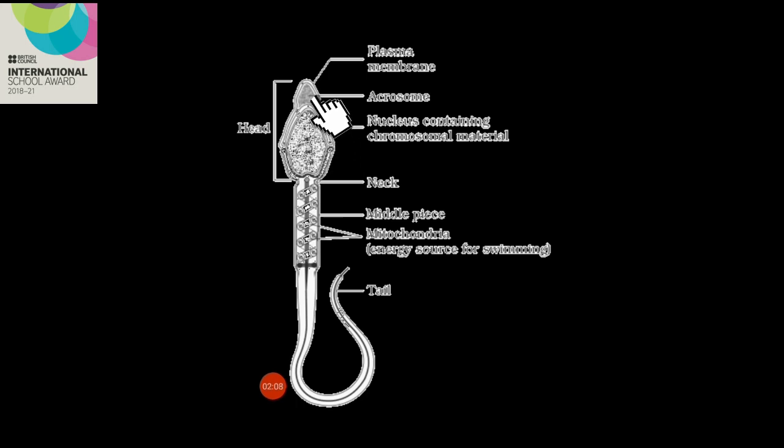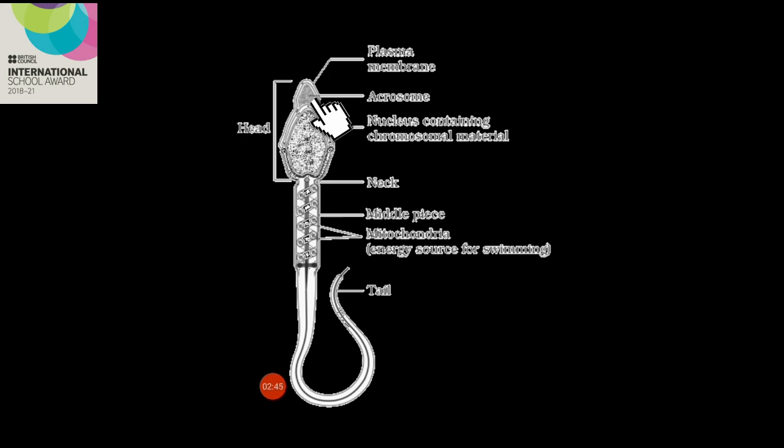Just above the nucleus, you can see a cap-like structure. This cap-like structure is known as acrosome. Actually, this acrosome is made from the Golgi bodies of spermatid. And each acrosome contains certain hydrolytic enzymes in it. These hydrolytic enzymes help to dissolve the membranes of the ova, and thereby it facilitates the process of fertilization.